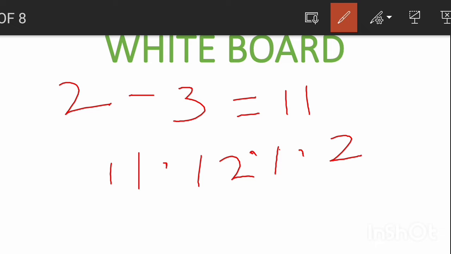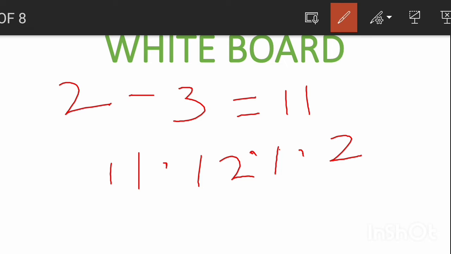You count from the right to the left if it's involving minus. But if it is involving a positive sign, you have to move to the right hand side of the clock.